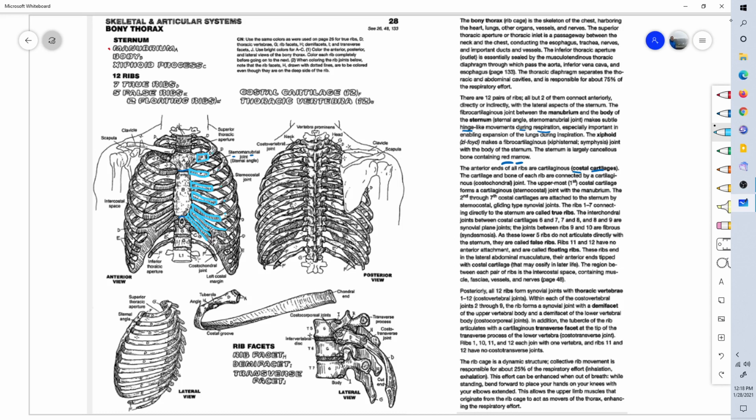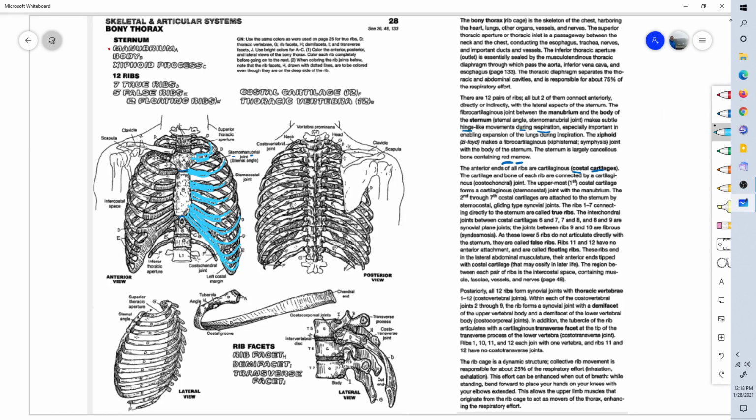And notice how they connect directly to, here's rib number 1, the manubrium, rib number 2, the manubrium and sternum, rib number 3, a direct connection, rib number 4, direct connection, rib number 5, direct connection. But watch what happens at rib number 6. It comes around and it has a shared cartilage connection with rib number 7, 8, 9, and 10.